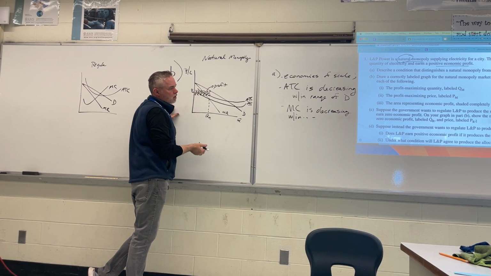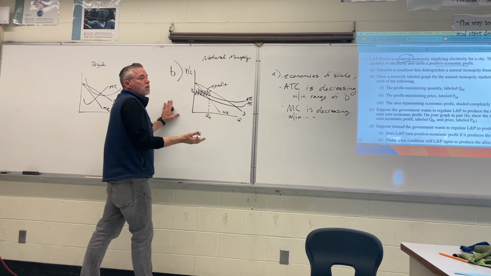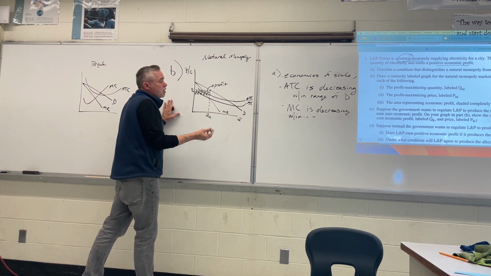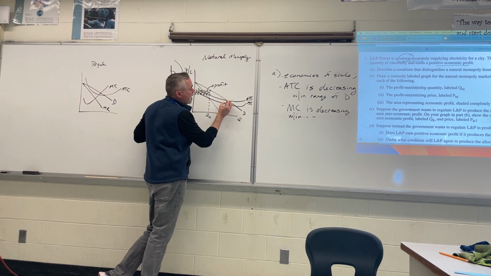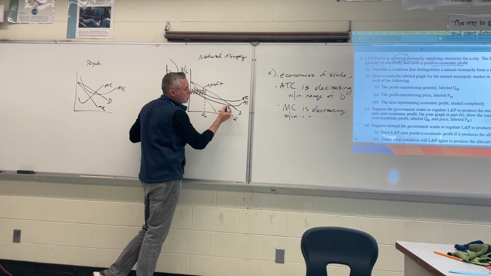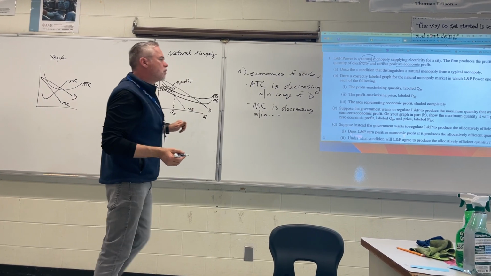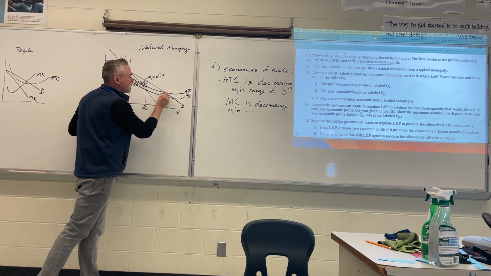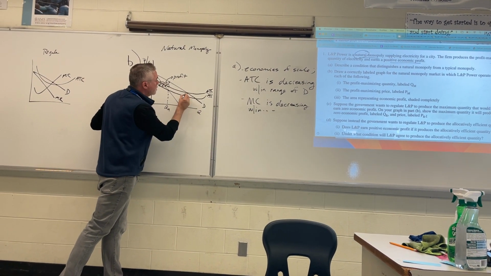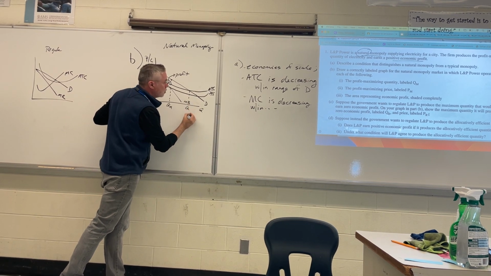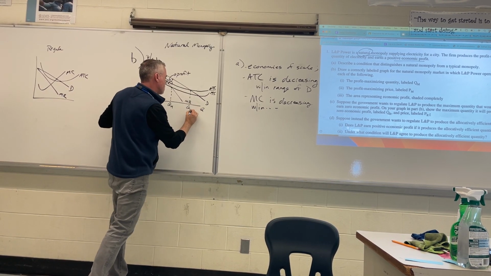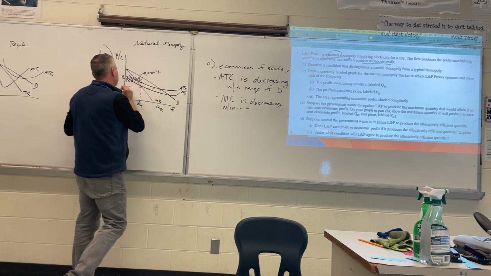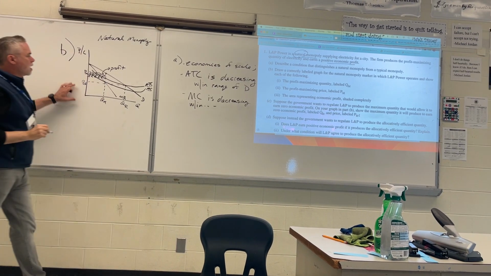This one, you would still get points whether you drew it correctly or incorrectly, as long as you identified ATC and price. Wherever ATC equals price, that's going to be zero economic profit. So you mark that Qr, and then bring it across, Pr. So you would have gotten your point there.